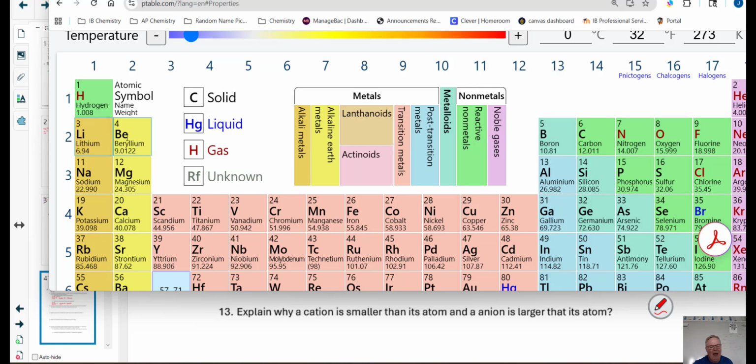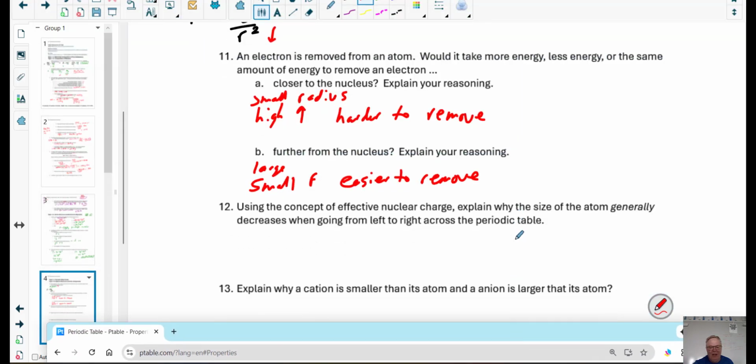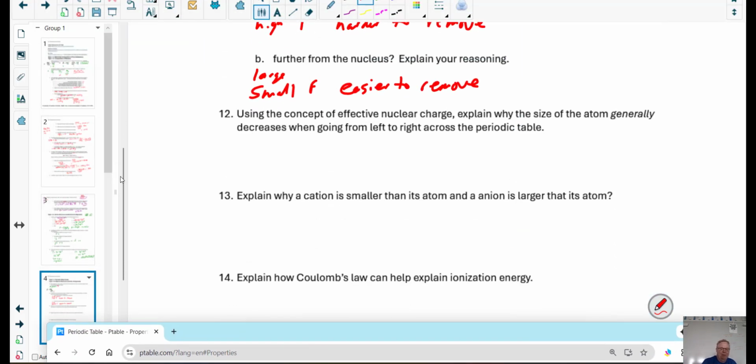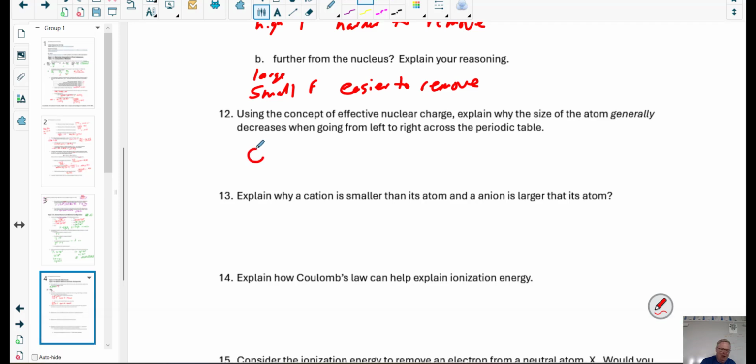So if I think about it, adding more magnet to the nucleus, but it's the same shells. In that second period, everything has two rings, right? So the first one has two electrons, and the outside has more electrons.